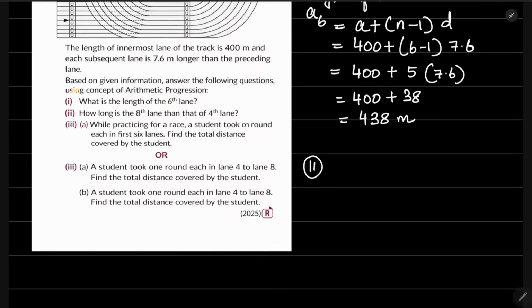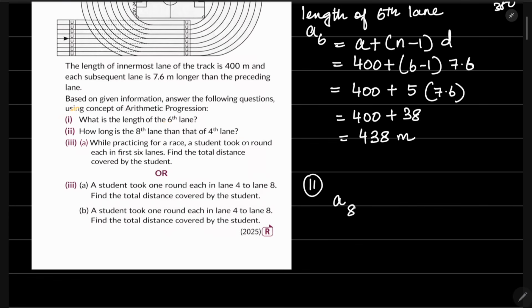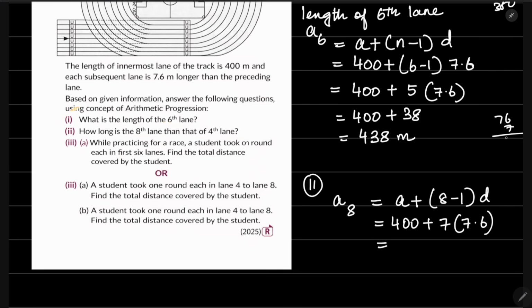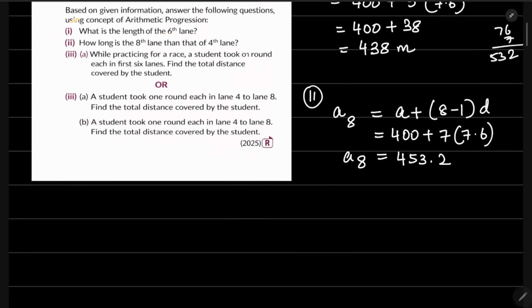The length of the 8th lane, A8, is equal to A plus N minus 1, so 8 minus 1 into D. A is 400 plus 7 multiplied by D, which is 7.6. So 7.6 into 7 is 53.2. So 453.2 is the length of your 8th lane.